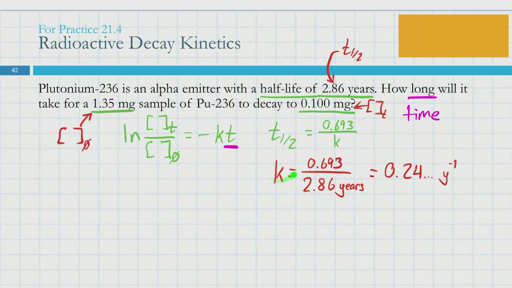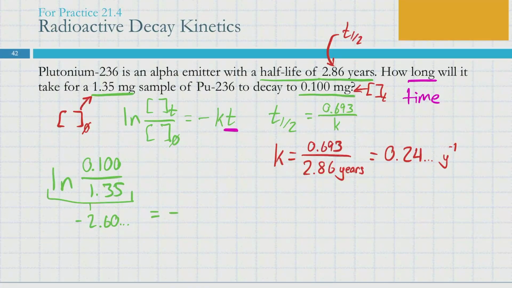Now that we've got our k, we can plug into our integrated first-order rate law problem. So I'm going to do natural log of 0.100 over 1.35. Natural log 0.1 divided by 1.35. The units cancel. This is negative 2.60 and some other stuff with no units.